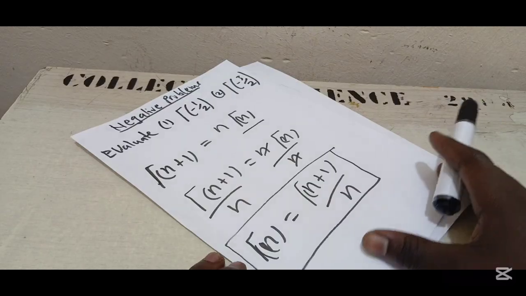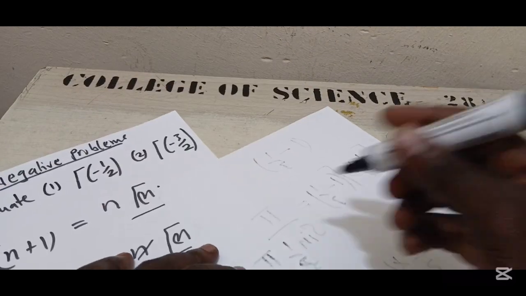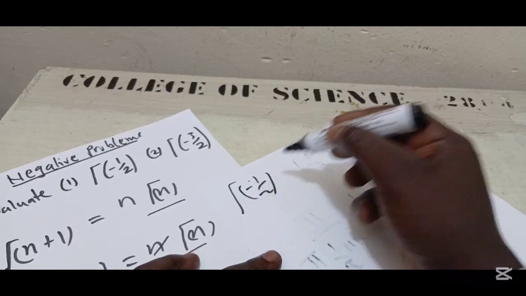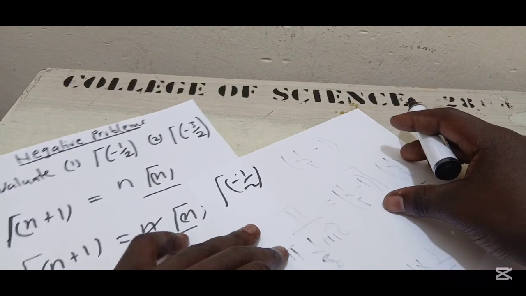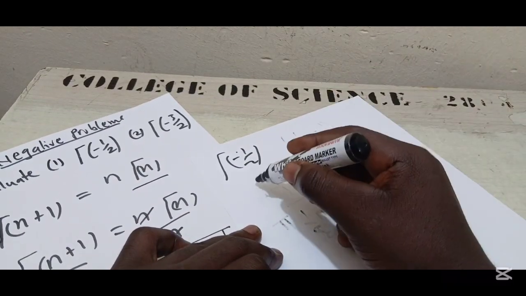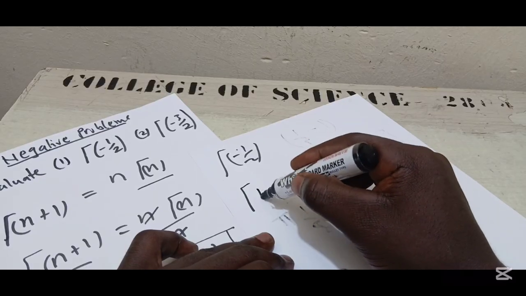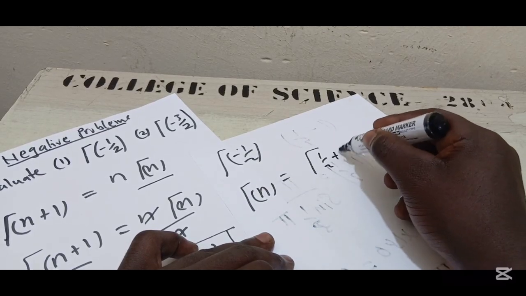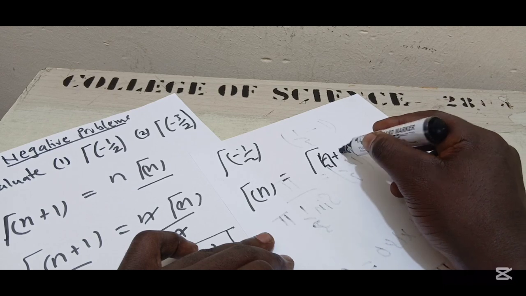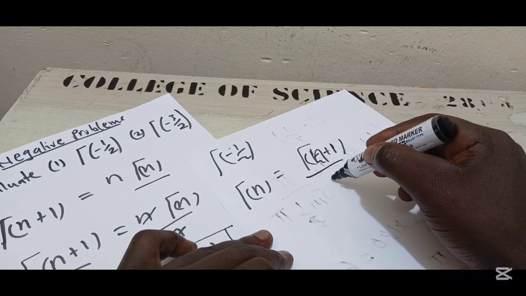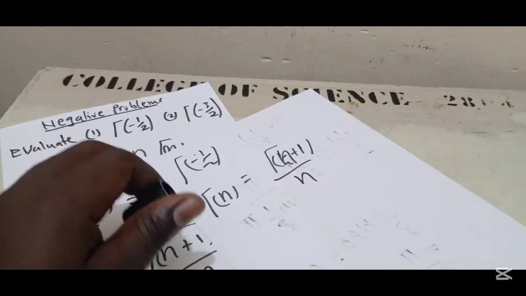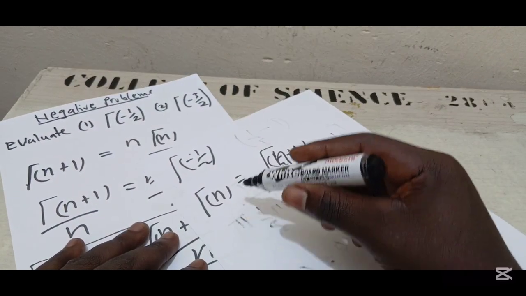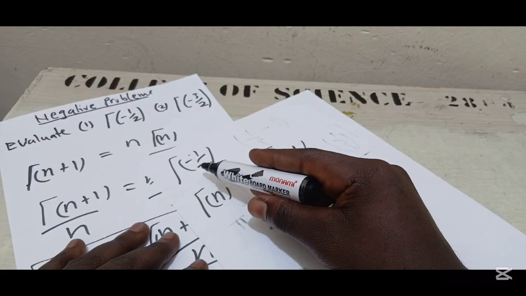It will make your work easier to solve for gamma negative half, right? So gamma negative half, like I told you earlier, we are going to use gamma n equal gamma n plus 1 all on n. So looking at this formula, our n here is minus half.